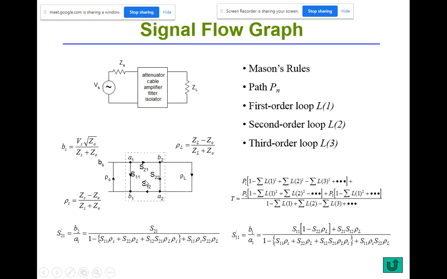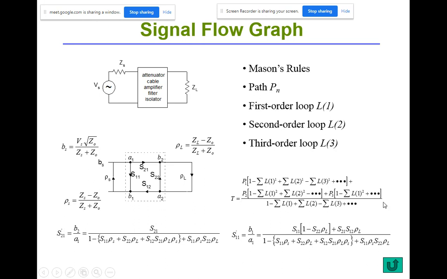But let's say you take another path. If there is another path, similarly, you will have P2, and then you similarly consider only the loops that don't touch this second path, and so on.